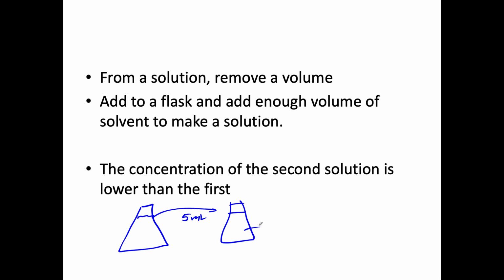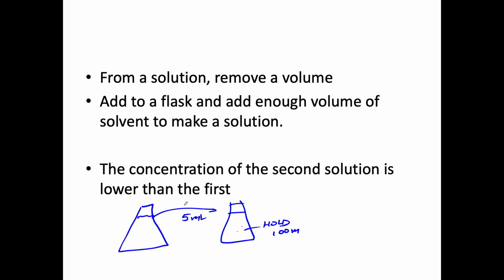Now we know the flask holds 100 mils. When we put 5 mils of our solution in here and add enough water to make 100 mils total, we have actually reduced the concentration of the material in the second solution compared to the first.